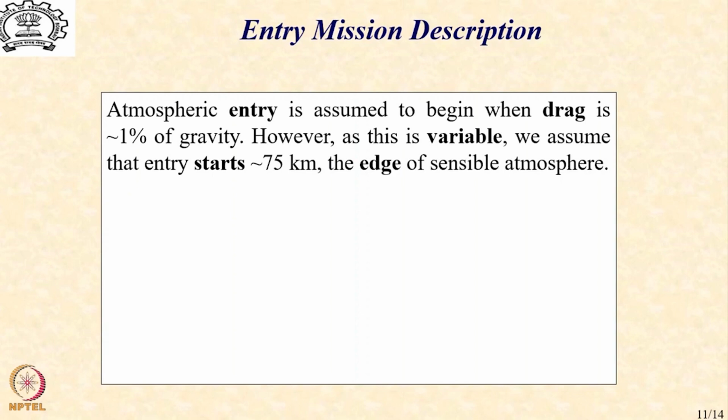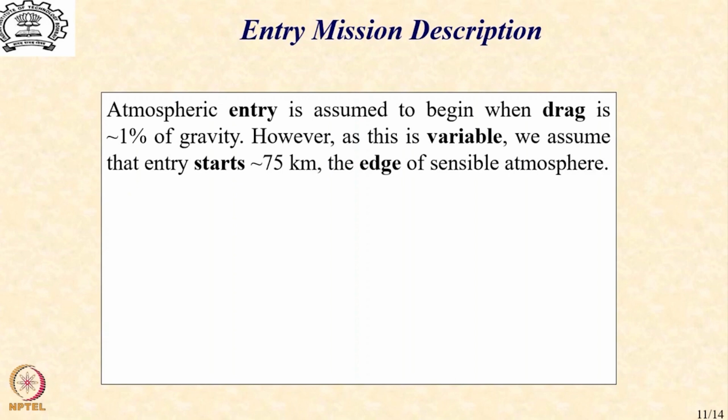So obviously we need to estimate it with better accuracy, and then we say that the drag is going to be considered significant when it becomes 1% of gravity, which means if it becomes 0.01 g, that is the point at which we will assume that the atmospheric entry has begun.